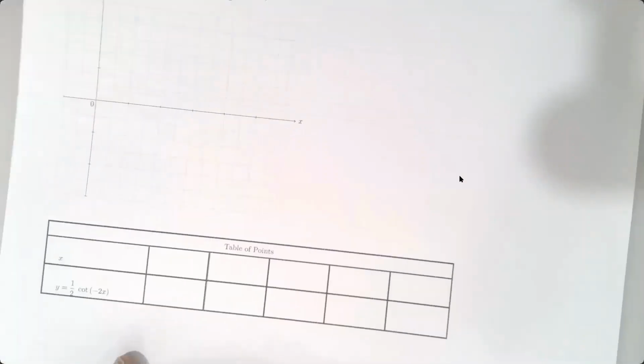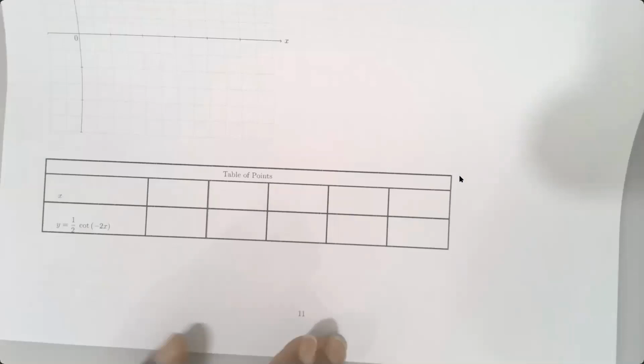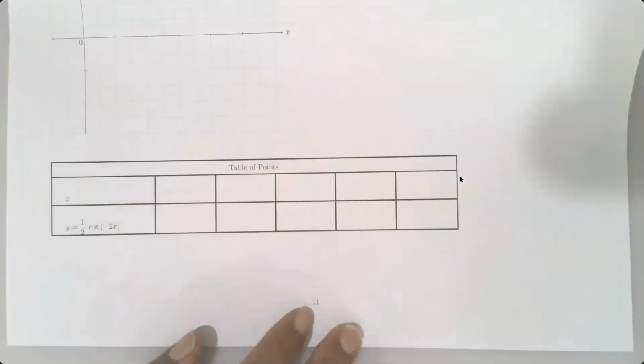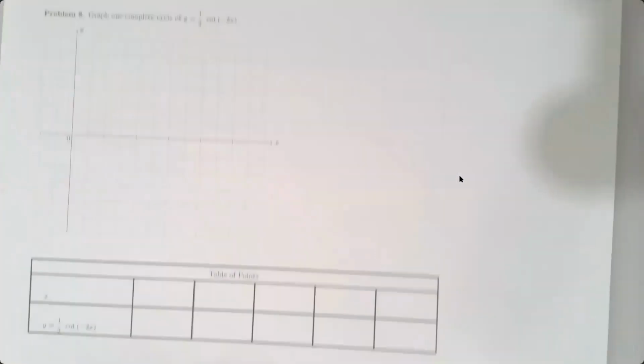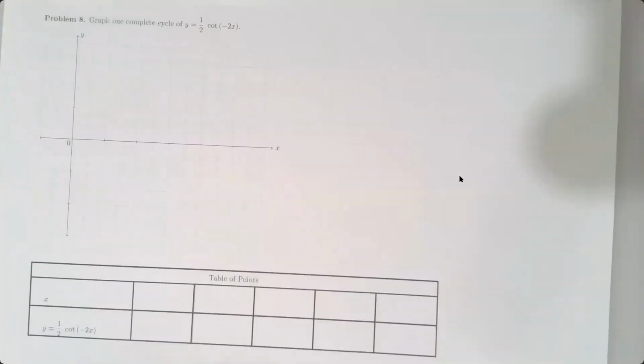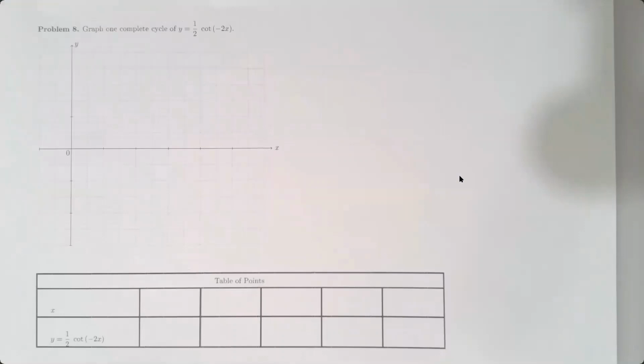All right, so we're going to continue with page 11. And again, we're going a little out of order, but that's because I want to start with cotangent, because cotangent is actually a little bit easier to work with than tangent. It looks similar to the process that we've already been doing, and tangent diverges a little bit.